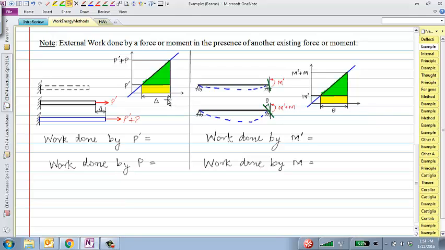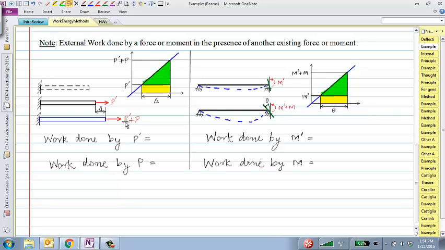Okay, so the work done by P itself, just P alone, is still exactly the same. It is P going from here to here. This green triangle that I'm showing you, that's the work done by P alone. The yellow rectangle at the bottom, that's the work done by P prime during the process of application of P.